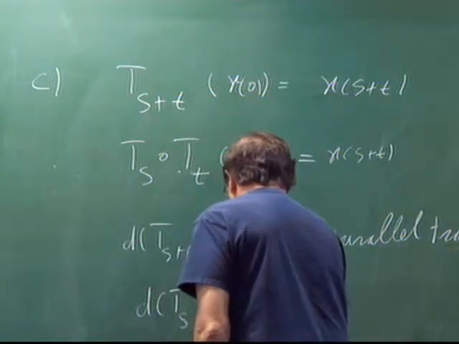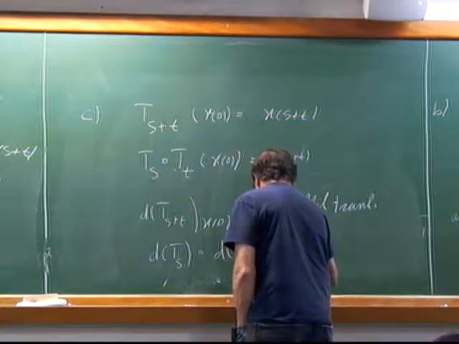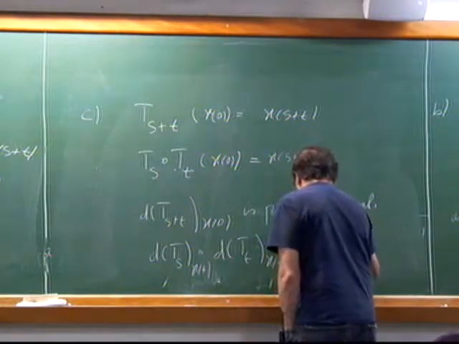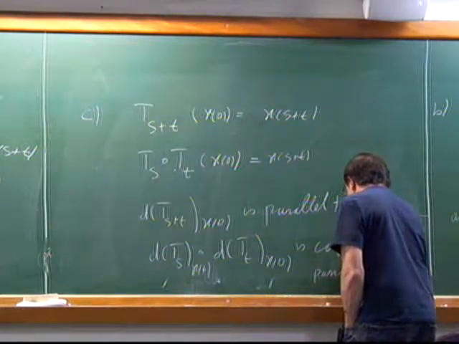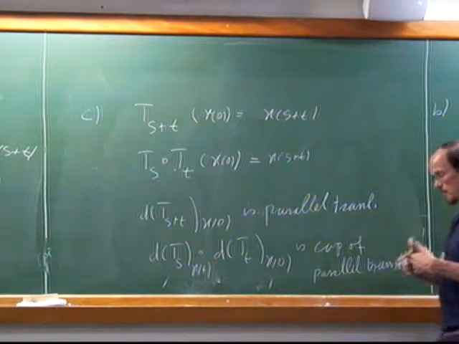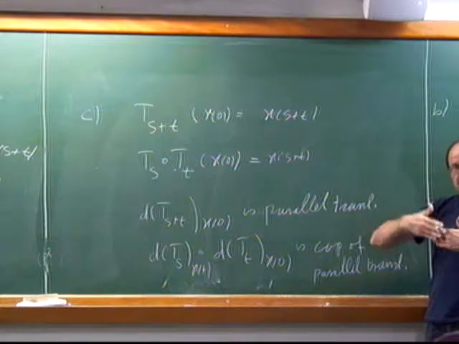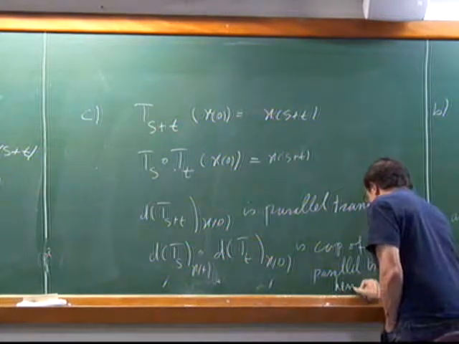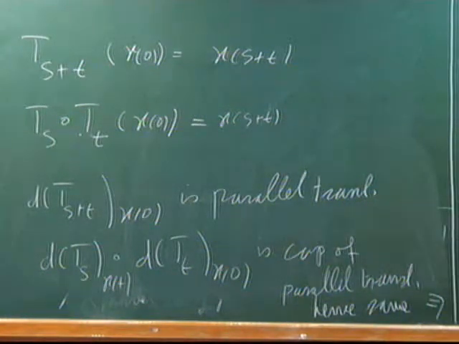The derivative of T_S composed with the derivative of T_T, here at gamma of 0, gamma of T, is a composition of parallel translations. First parallel transport from 0 to T, then from T to S. It's the same thing as going from 0 to T plus S. The derivatives are the same, which implies the claim.